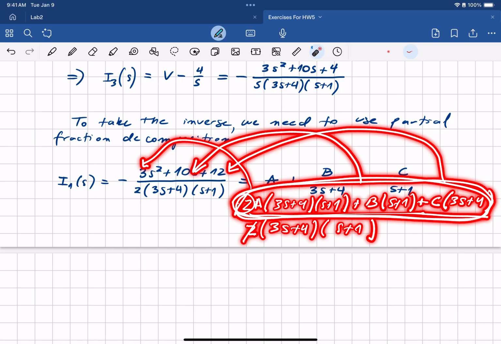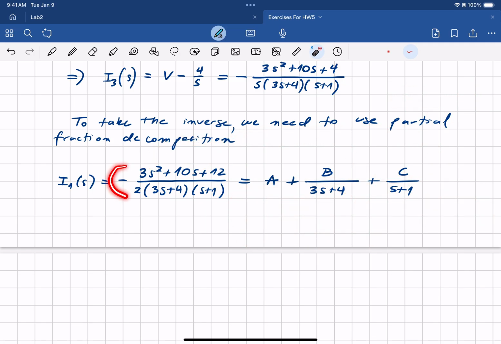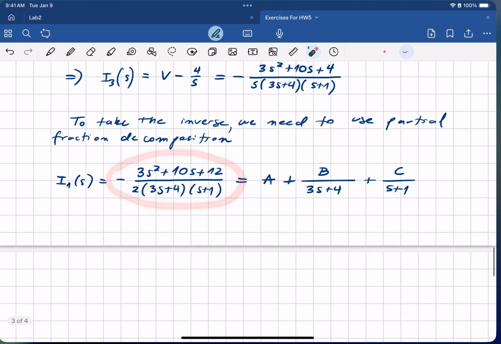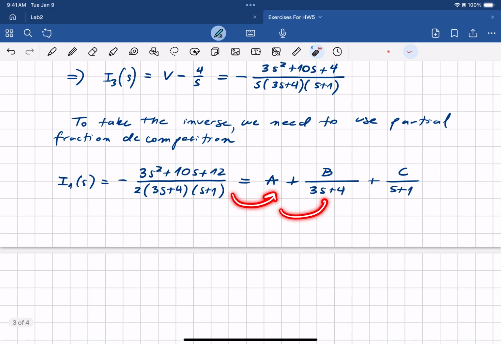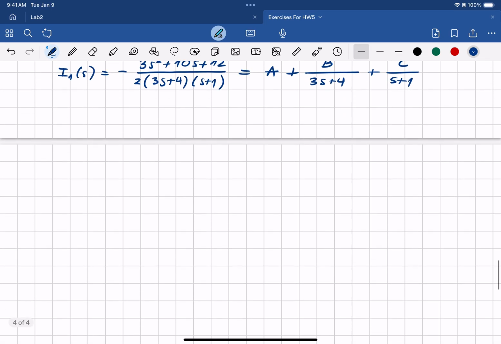So we're going to have 3 functions related to a, b, c, and 3 equations, right? So we can solve that for a, b, c, and find the constants that allow us to decompose this fraction into 3 individual terms. That's the whole key.